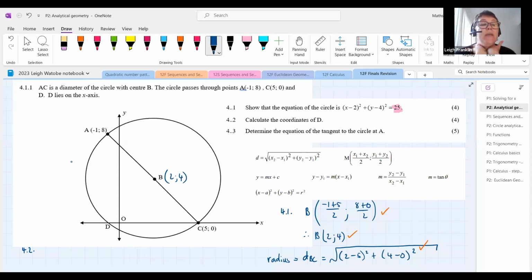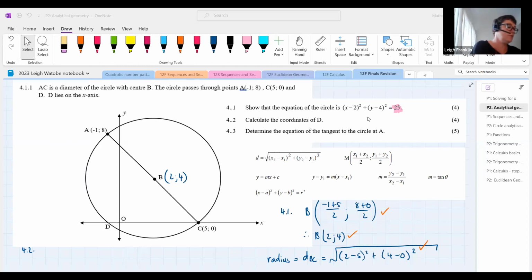Remember, it told us in the beginning that D lies on the x-axis. So I'm giving you a hint here. Exactly, Pumzile. It is an x-intercept. So we would have to let y be equal to 0. I'm going to let you guys do that. You've got the equation of the circle here in front of you. So try it, and then you can DM Yolanda and I your answers.